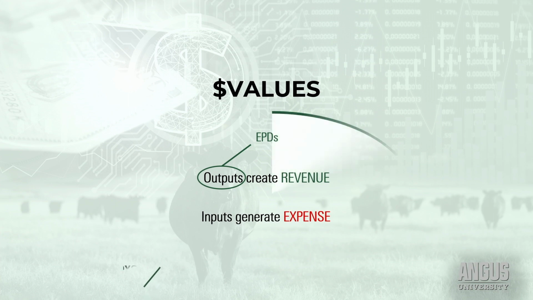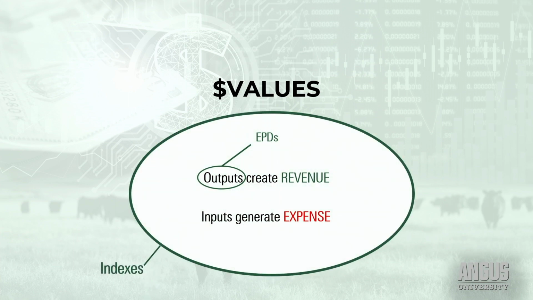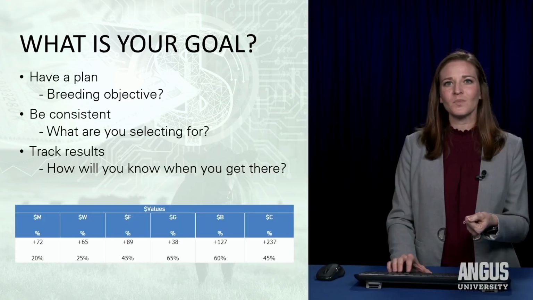And so within these dollar values, or what we call these bioeconomic indexes, it's combining both those outputs and those inputs into one number. So for example, we know that a larger carcass weight, while we see that as being that output that's going to create a lot of revenue, what does it cost to get to that endpoint of that larger carcass weight? And all that's going to be accounted for inside of these dollar values.